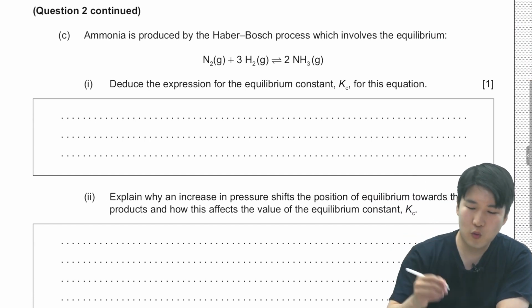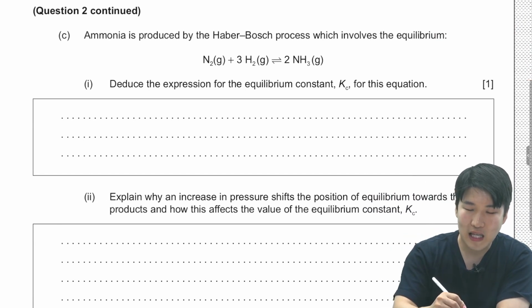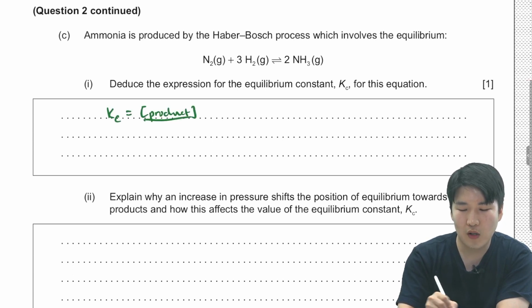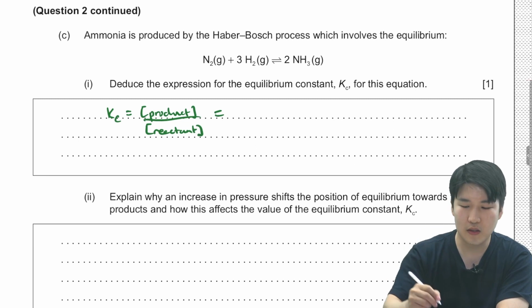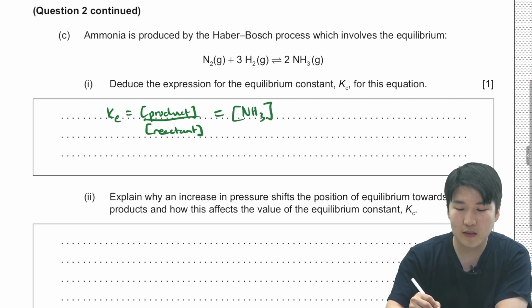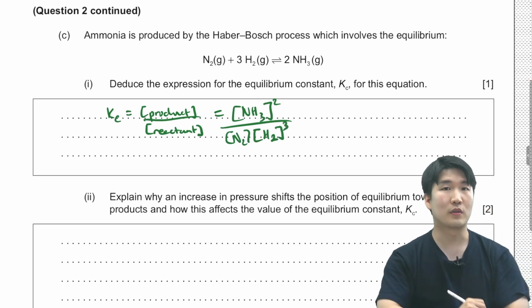Equilibrium constant for any equilibrium reaction is product concentration over reactant concentration. In our case of the Haber process, it would be NH3 squared over N2 to the power of 1 and H2 cubed.